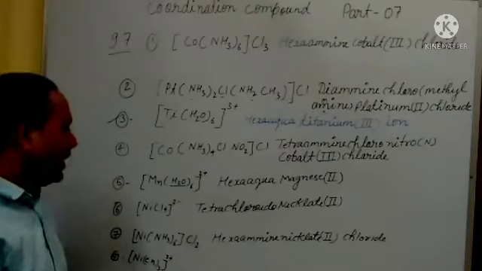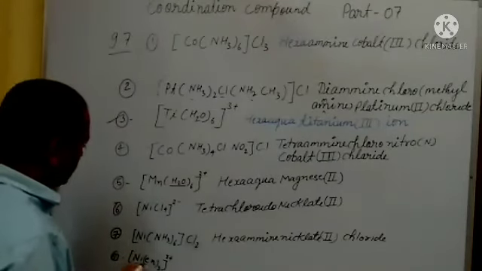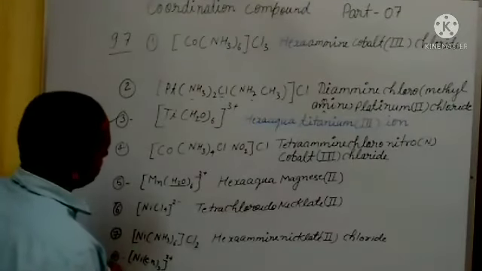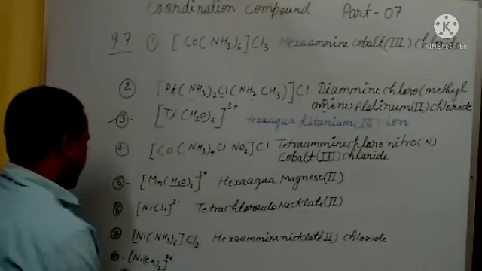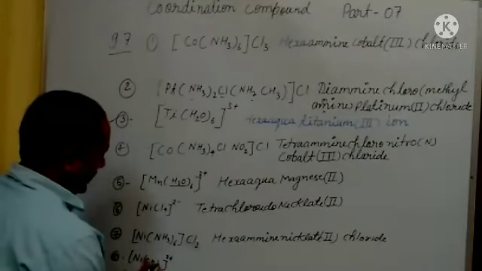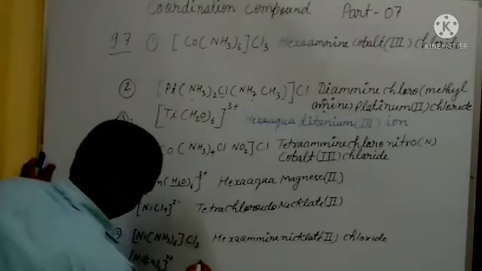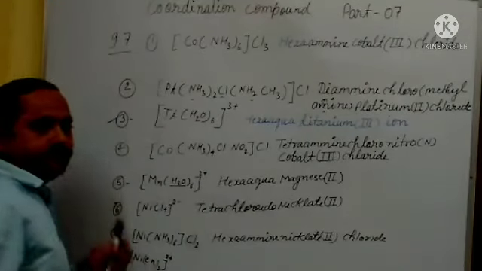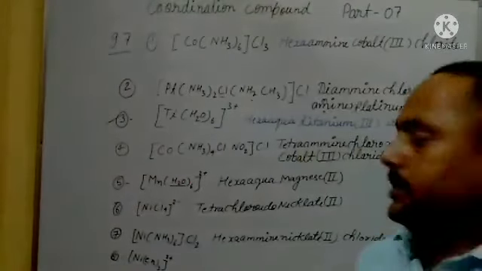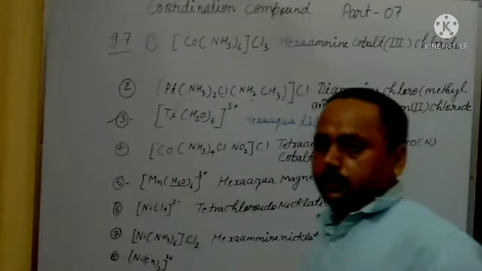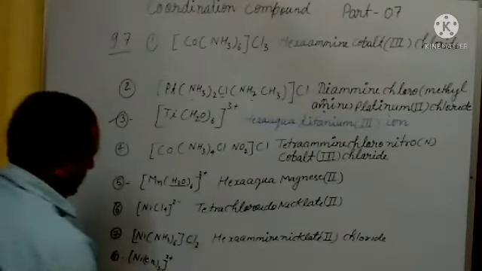Okay. Next and last, what is here? The last, 8th one. You know about didentate ligands. For didentate ligands we use the special words bis, tris, tetrakis, etc. Here there are three, so we will use tris.